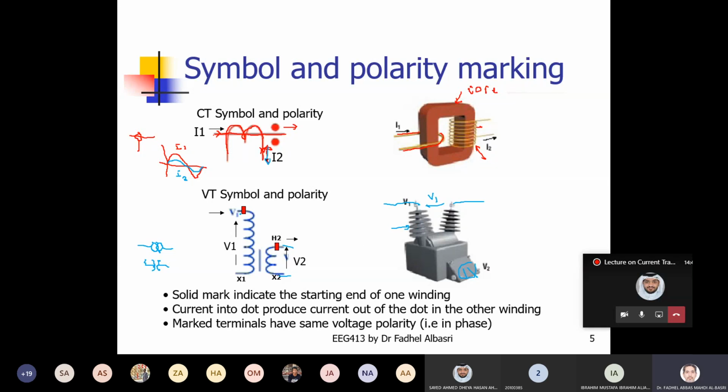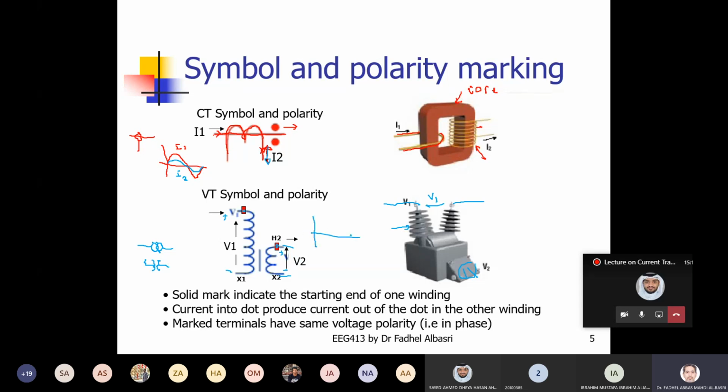The polarity marking is in the same way, right? If you apply a voltage, plus minus polarity for AC is just at a specific moment of time. If you have the dot marking here with respect to this, it means if this is plus at that instant of time, this will also be plus with respect to this at that instant of time.